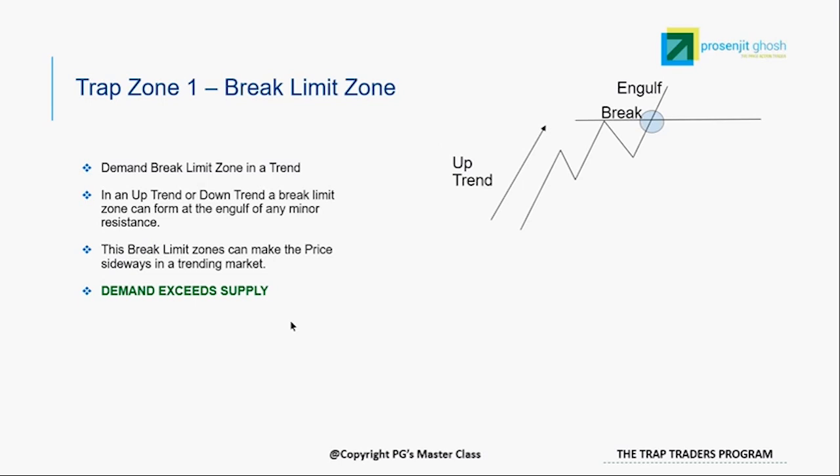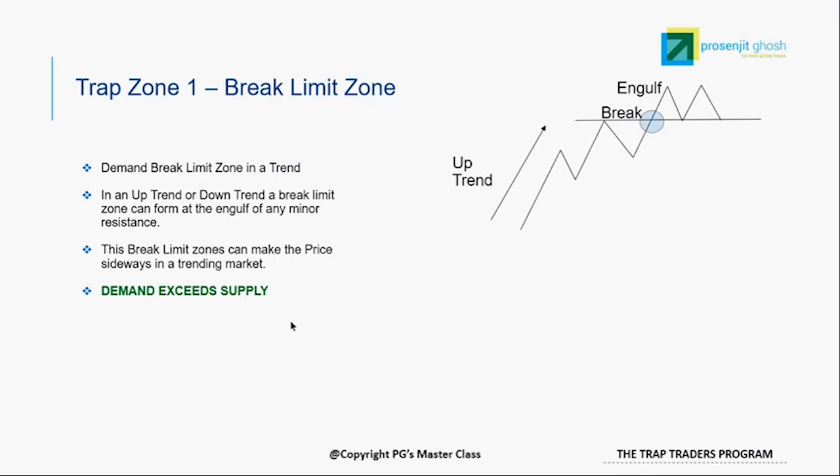I have not drawn the candlesticks here, but you understand that the resistance line is cutting through that base candle. So this is my break limit zone and I can take a long trade there.